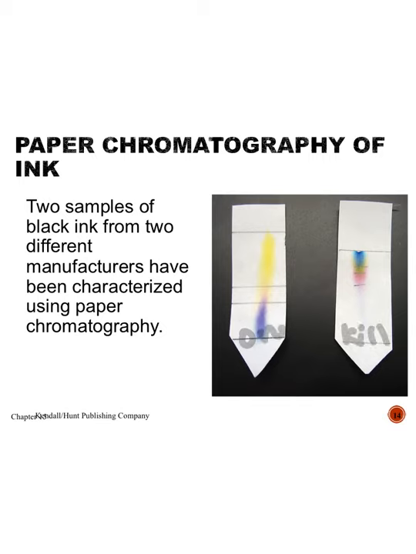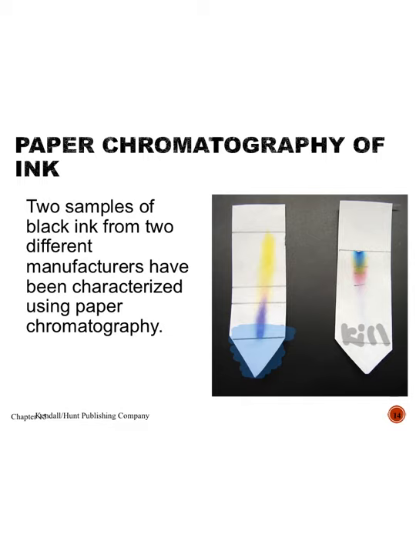As you run that paper chromatography, we put this in a solvent. That solvent moves up through the actual ink, and it's going to spread all the way to the top. And that ink is going to separate out into different characteristics. Those inks, if you look from the left and the right, do not actually match.